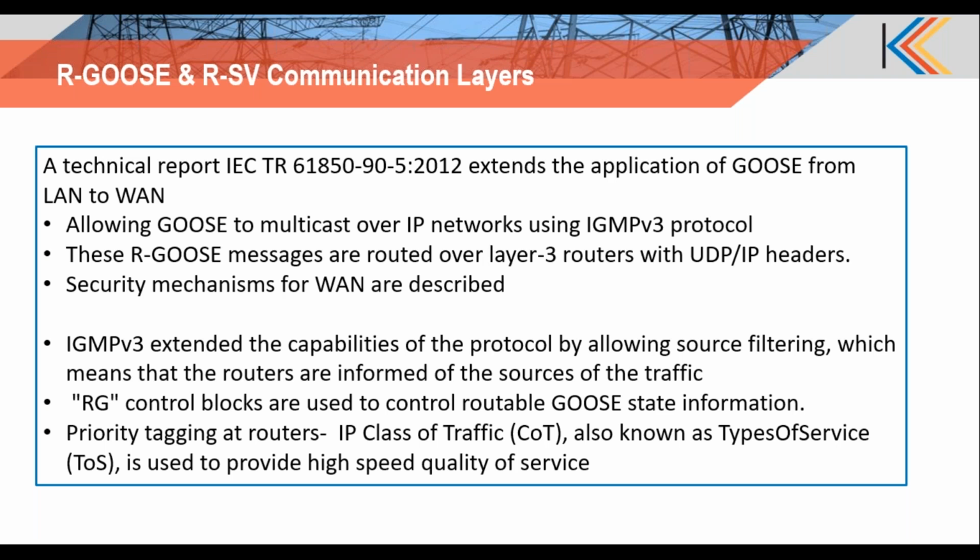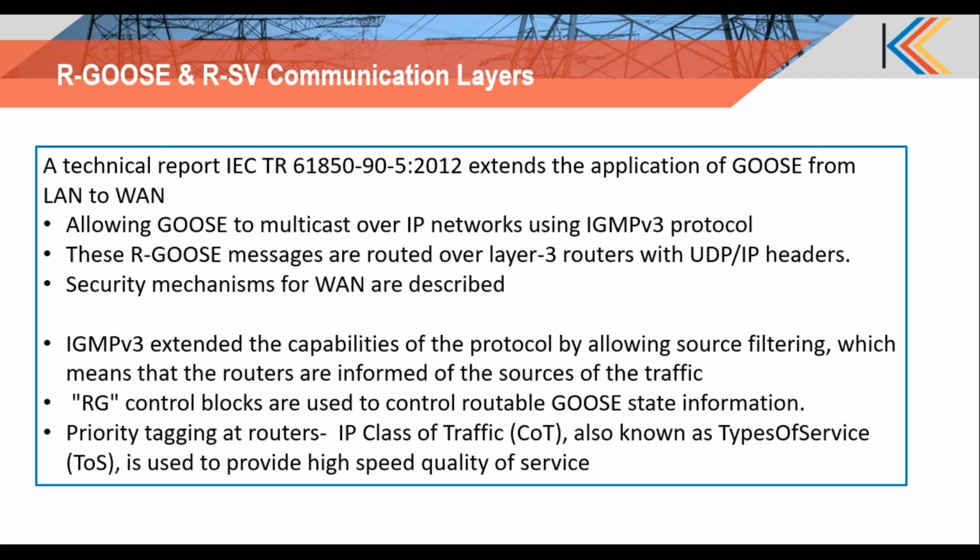And R-GOOSE messages are routed over layer 3 routers with UDP IP headers. And as you know, Goose is critical information which is used for interlocking, and the TR 62350-90-5 specifies a lot of security mechanisms that are to be taken care of while you are injecting Goose messages into your WAN. From an implementation perspective, or from a data model perspective, we have an RGCB, a control block, which is used for controlling the routable Goose state information being added into the model.